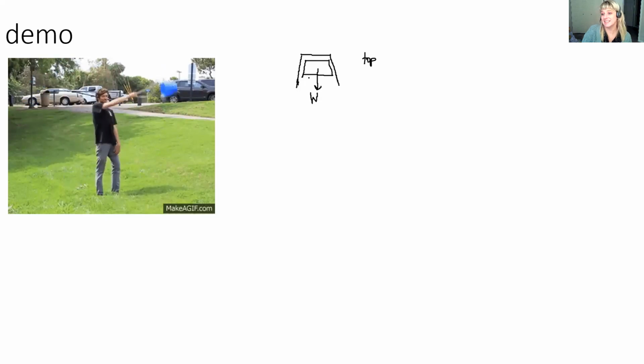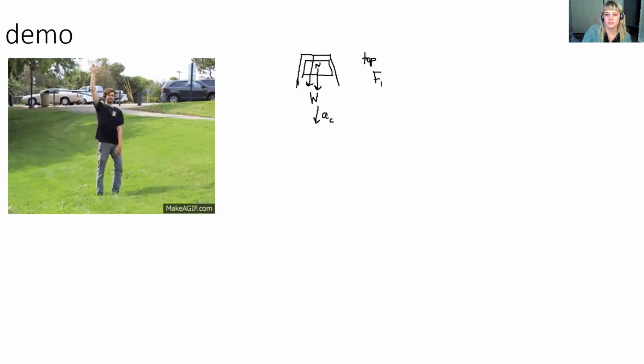There's another force that's acting on the water as well, and it's the force from the bucket acting on the water. It's kind of like a normal force from the bucket's base acting on the water itself. I will draw that here as well. There's two forces acting on the water, and at the top of the path, the centripetal acceleration of the water is towards the center of the circle.